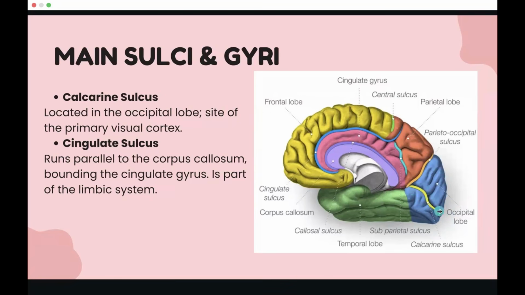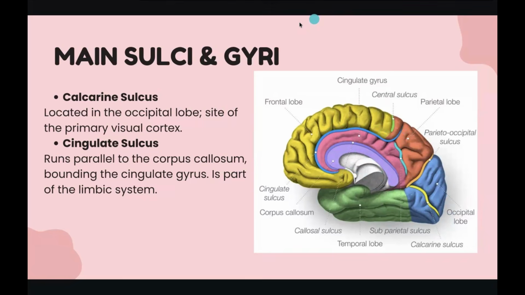And the cingulate sulcus runs parallel to the corpus callosum. If the corpus callosum is this purple structure over here, running parallel to it would be the cingulate sulcus, in blue, depicted over here. And it is part of the limbic system.